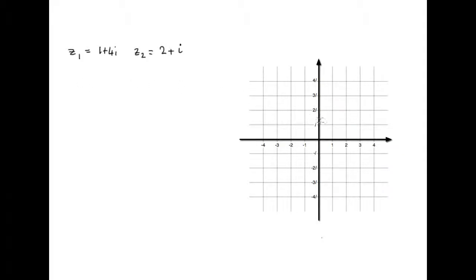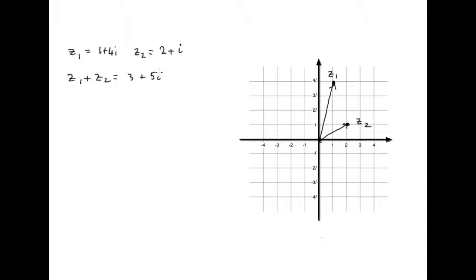Let's plot z1 and plot z2. Let's put in the corresponding vectors that are associated with these two complex numbers. Position vectors starting at the origin. There they are. Now we know to add z1 and z2, we first of all add the two real parts, 1 plus 2 is 3, and then we add the two imaginary parts, 4 plus 1.